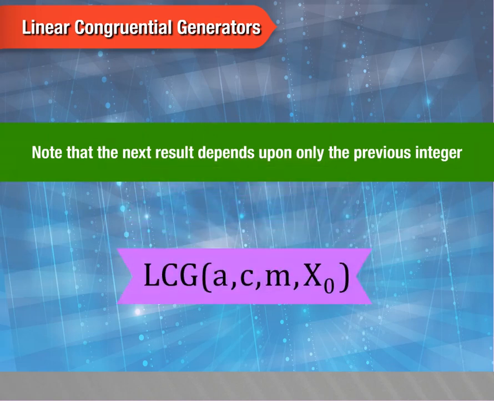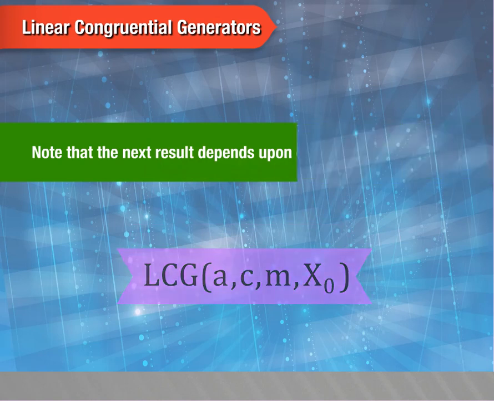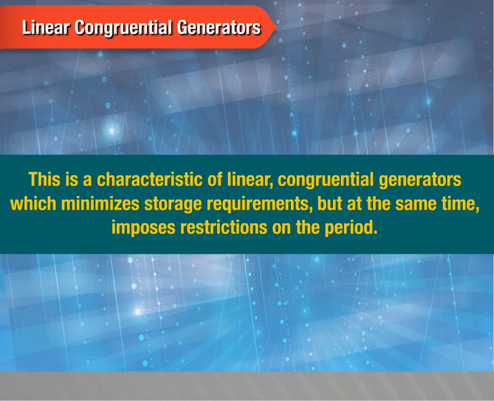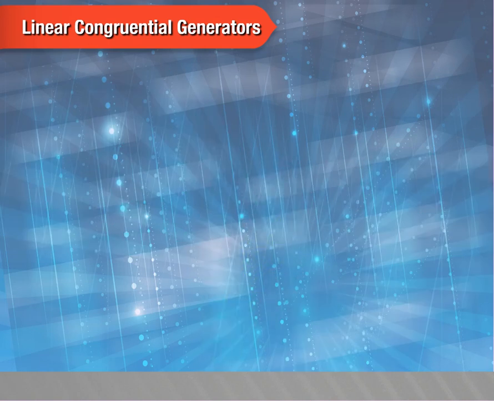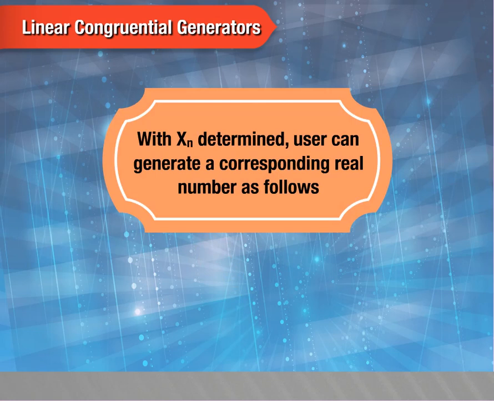LCG of A, C, M, X0. This is a characteristic of linear congruential generators which minimizes storage requirements but at the same time imposes restrictions on the period. With xn determined, user can generate a corresponding real number as follows.